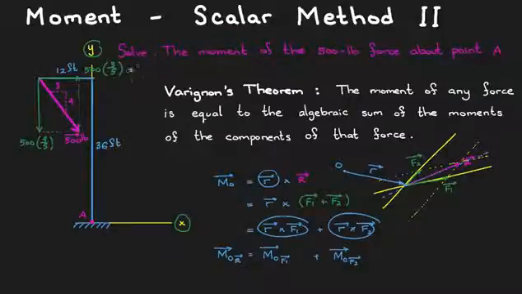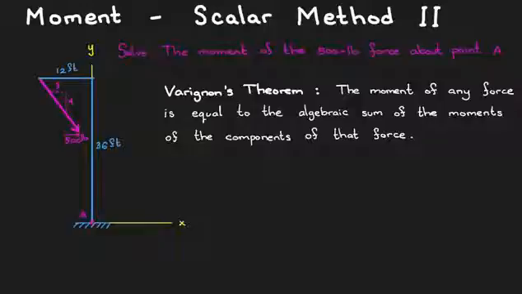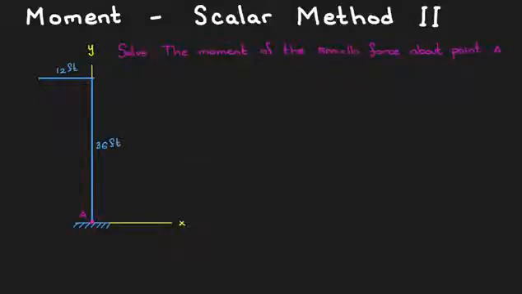We do our calculation. 500 times 3/5 is equal to 300 pounds, and 500 times 4/5 is just 400 pounds. 300 pounds is the x component of the 500-pound force. 400 pounds is just the y component of that force. So let's get rid of everything, and let's focus on the components of the 500-pound force instead of the resultant itself.